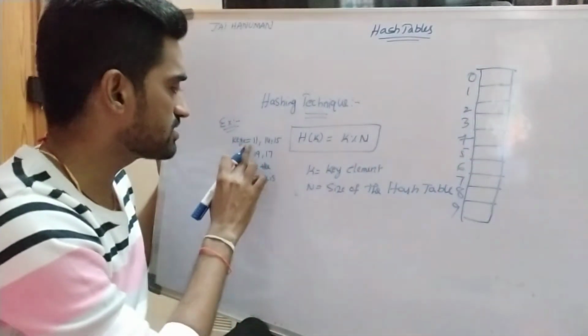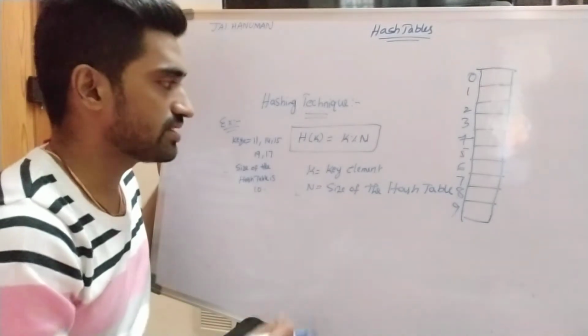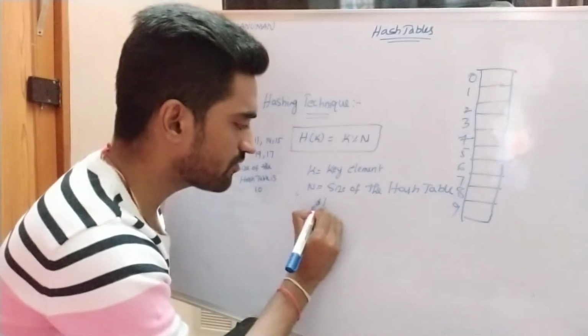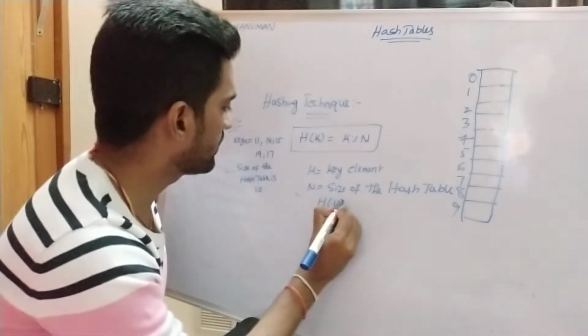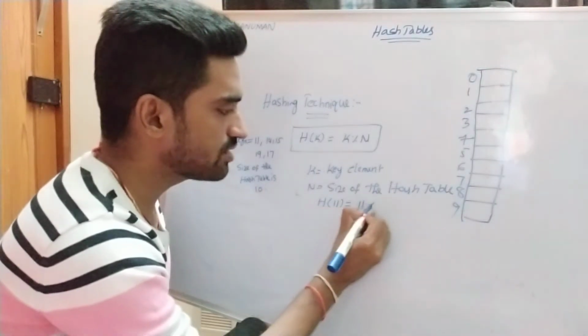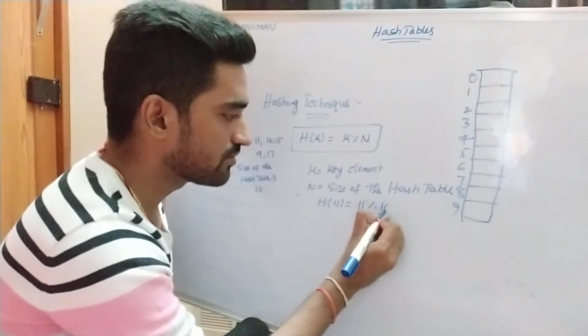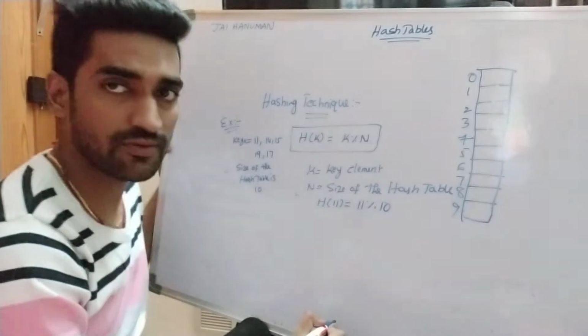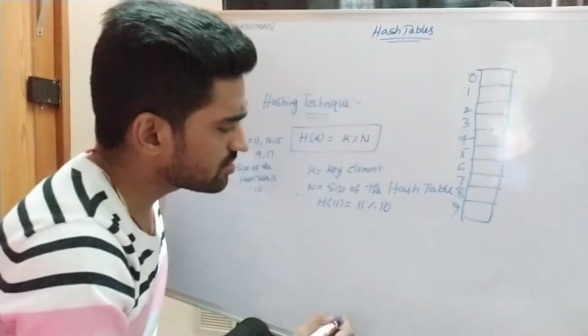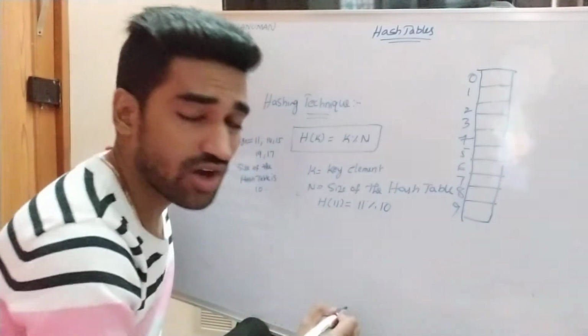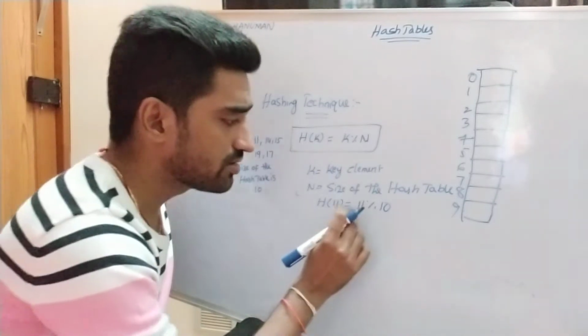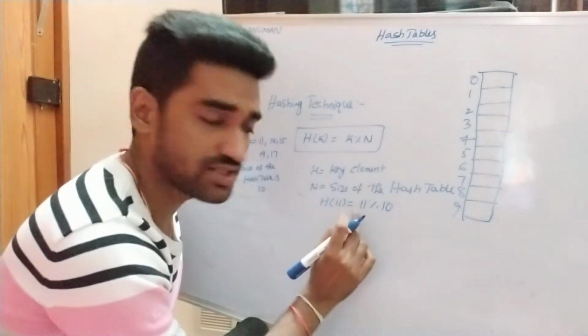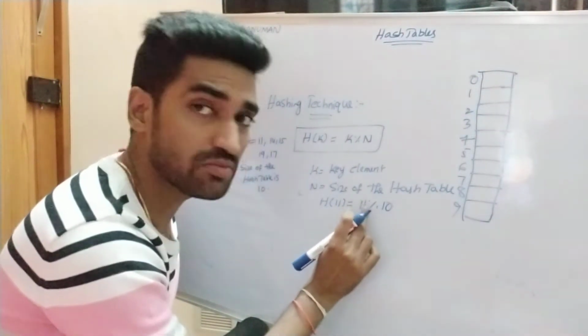So first of all, which key element are we inserting? 11. So what is the formula? H of 11 is equal to 11 modulo division of 10, right? What is the main purpose of the modulo division operation? By using modulo division we can return the remainder value.